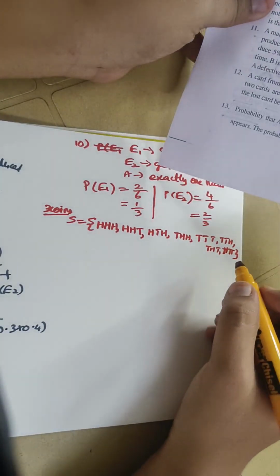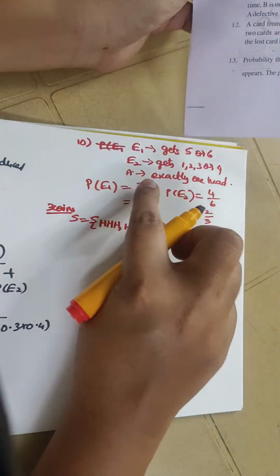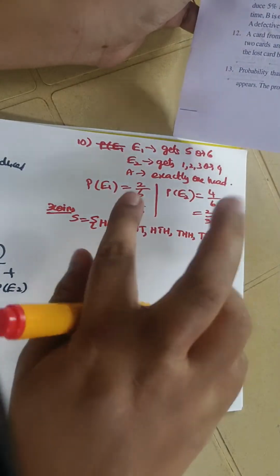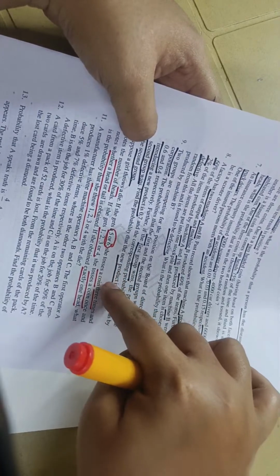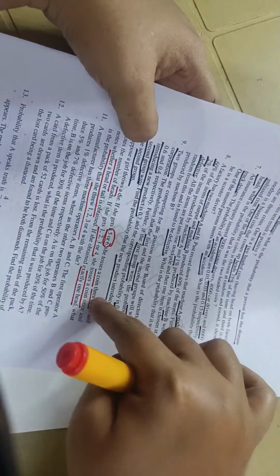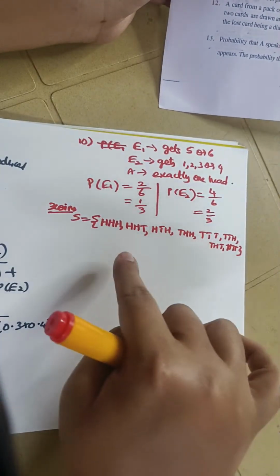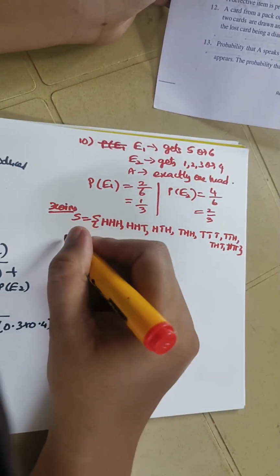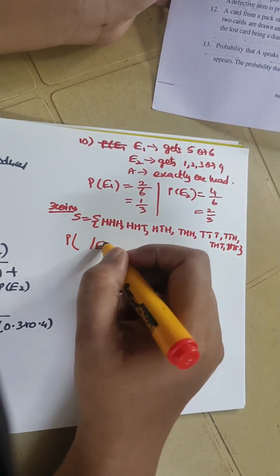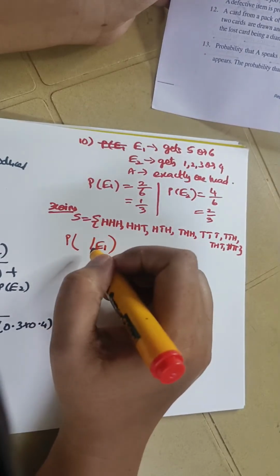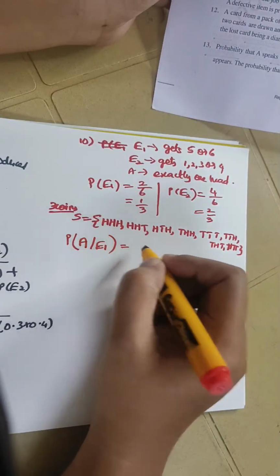And here A is to find. She is throwing 3 times. If she gets 5 or 6, she tosses a coin 3 times, and for the 3 times we have written the sample space. Now our task is to find the probability, given that 5 or 6 has already occurred, of getting exactly one head.